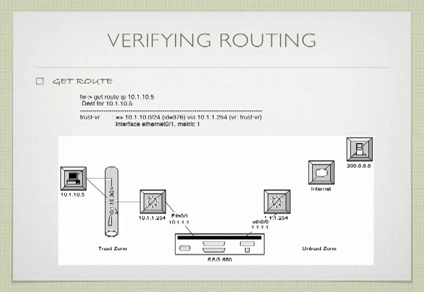If you can't reach a destination, or you want to know if a route to a destination already exists, you just type in get route IP and the IP address, and ScreenOS will say which direction and which route it's going to use to forward traffic to that address.